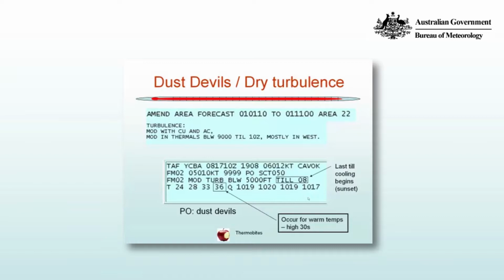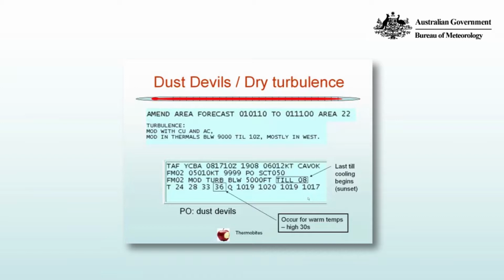At the bottom there is a Cobar TAF, and there's a few things worth noting. Firstly, from 02, dust devils are initiated and some scattered cloud as well. Dust devil indicated by the PO. At the same time from 02, moderate turbulence below 5,000 feet till 08.